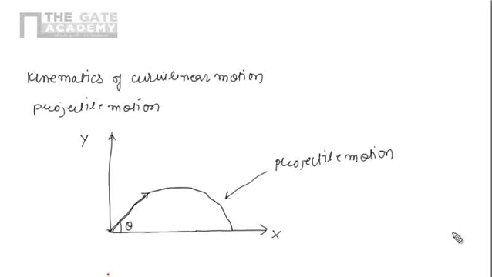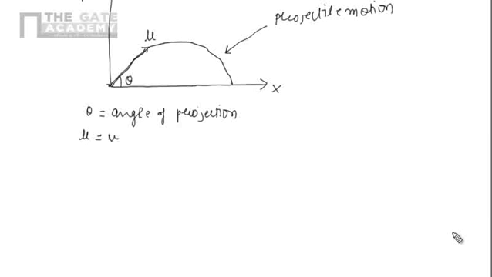I am just defining the terminology here. Theta is nothing but angle of projection which is making with horizontal, that is with x direction. U is the velocity of projection, or we can say the initial velocity.